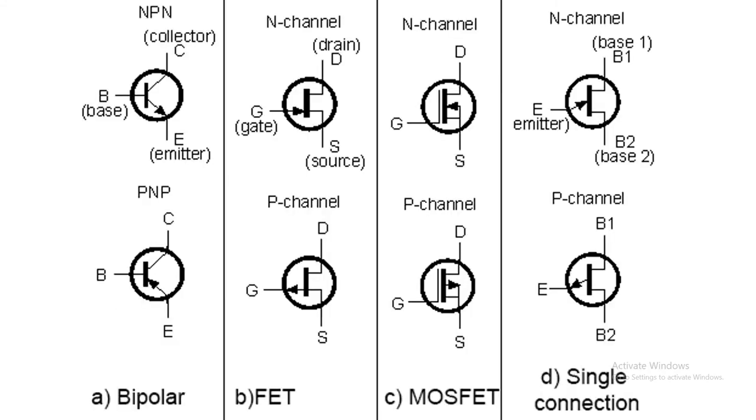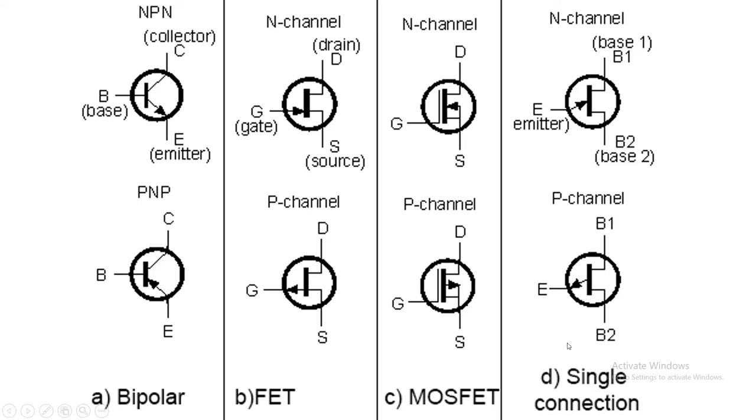These are the symbols of the transistor. There are mainly two types of transistor: PNP transistor and NPN transistor. Now you can see here in the NPN transistor the arrow sign is outward, while in the PNP transistor the arrow direction is inward.